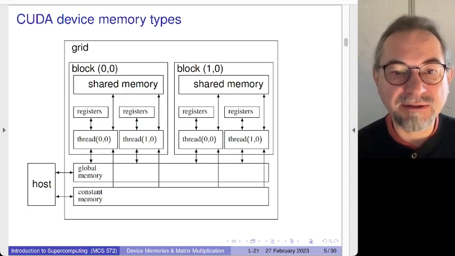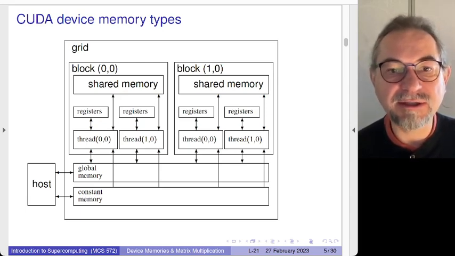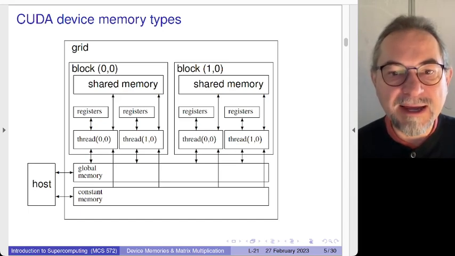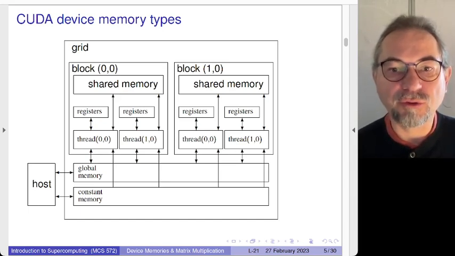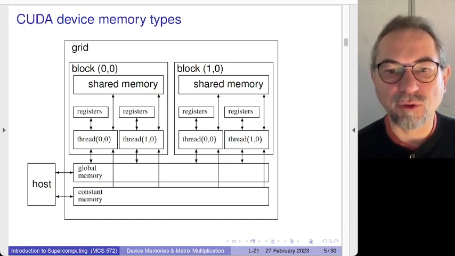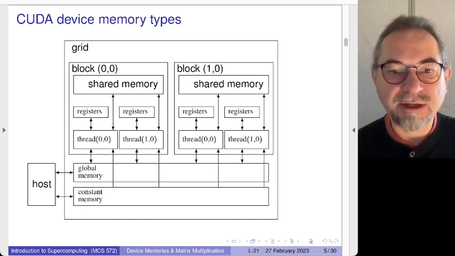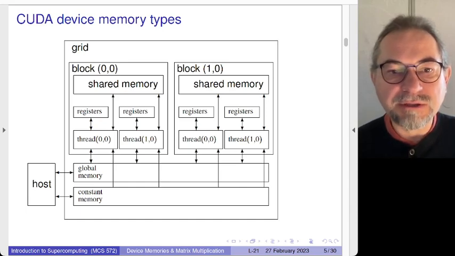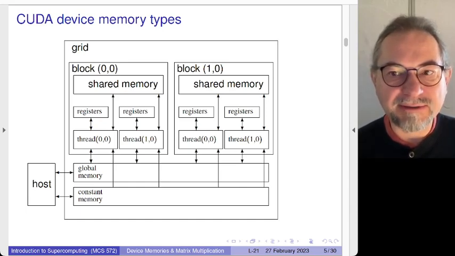Every thread can read and write directly into shared memory. The shared memory is the memory available for all threads within a block. Each thread can also read and write directly into global memory. Each thread can read from the constant memory. Then there is the little block at the bottom left, that's the host.